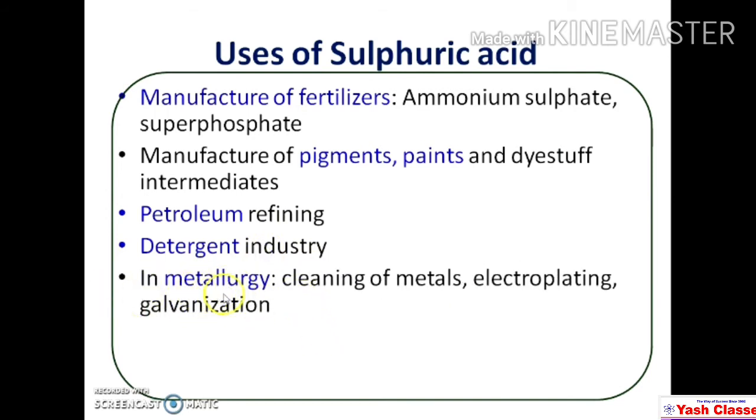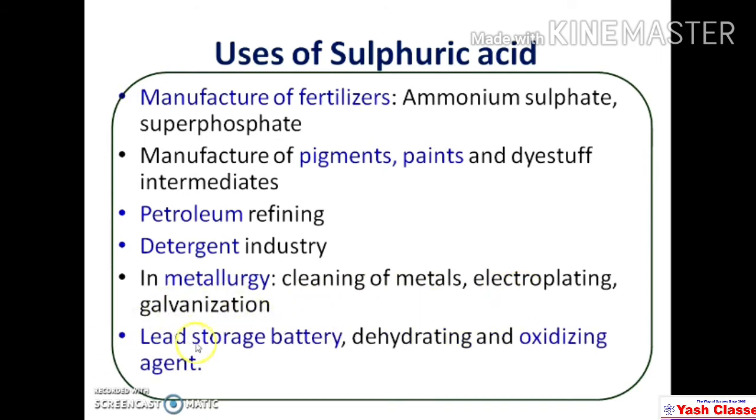In metallurgical process, especially for the cleaning of metal surfaces or electroplating and galvanization process, there is a requirement of sulfuric acid. In lead storage battery, 12% sulfuric acid is used as a electrolyte.